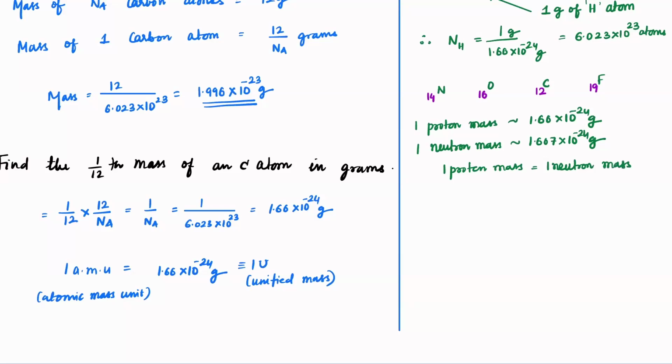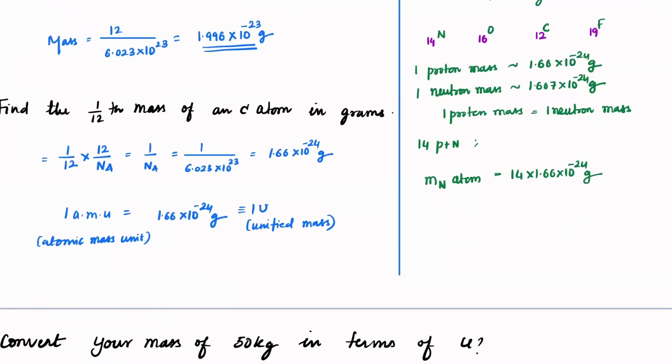In such a case, if there are 14 protons plus neutrons, then the mass of a nitrogen atom will simply be 14 times 1.66 into 10 raised to power of minus 24 grams. This much will be the mass of one nitrogen atom.